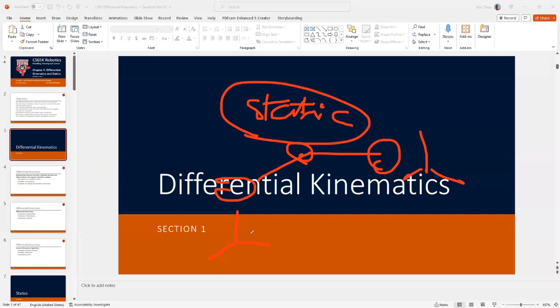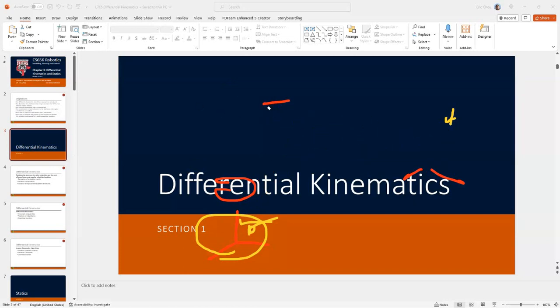You have some point in here, and then you have some point in here, and you try to calculate the coordinate of this point based on the original frame. That's called the homogeneous transformation matrix. And then we have the Denavit-Hartenberg matrix also for that purpose, but that's actually systematic, trying to find a systematic solution to it.